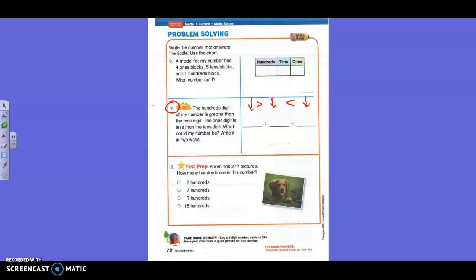Okay, so I would write it right here first. We gotta make up a number. Okay, so right now, let's think of a small number for our ones. 1. Because it has to be less than the tens. So a small number for our ones.